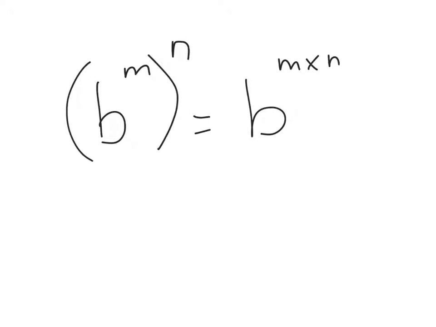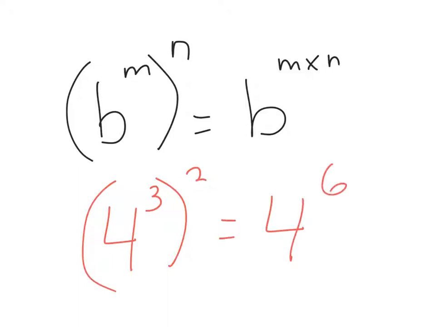So b raised to the power of m, then raised again to the power of n, would just be the same thing as b raised to the power of m times n. So looking at an example, if I have, say, 4 to the power of 3, and I raise that again to the power of 2, that would just be 4 to the power of 6.